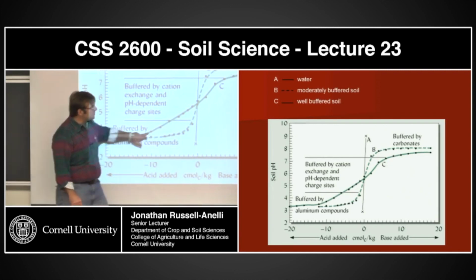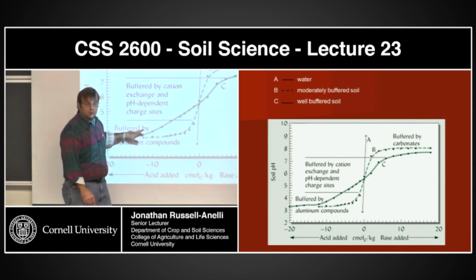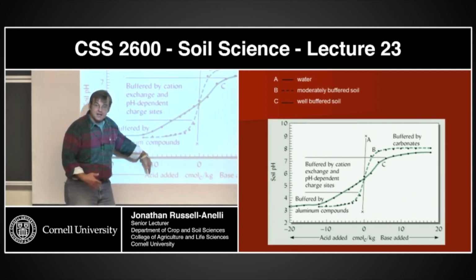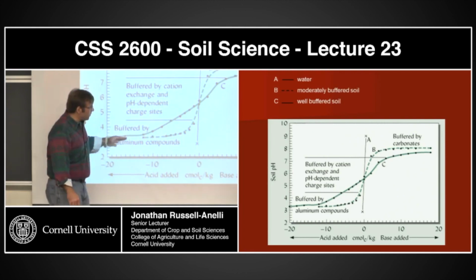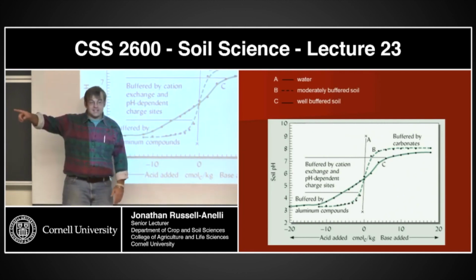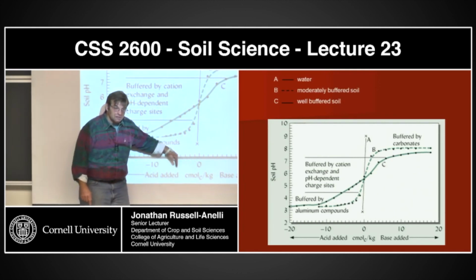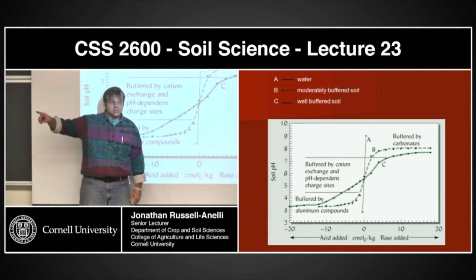These lines represent the pHs of those soils at certain concentrations of added or subtracted protons. If I have a well buffered soil here, high CEC, high base saturation, and I start adding protons to it, I'm going to have a very slow response pH-wise.